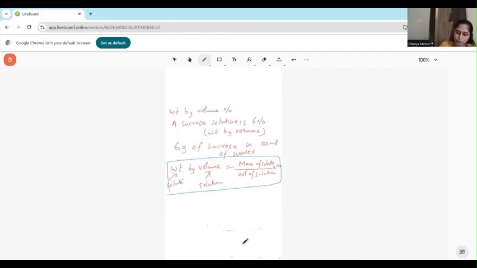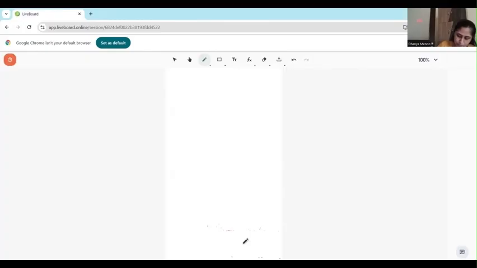So I'll just write down the formula on top. Weight by volume percentage is equal to mass of solute by volume of solution times 100, because it's in percentage.